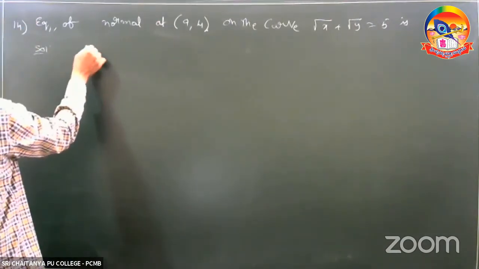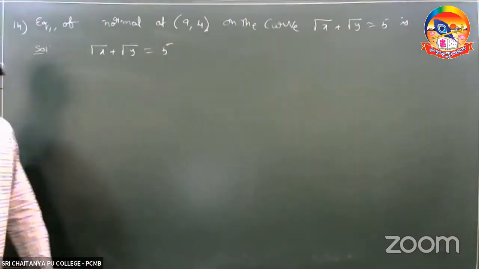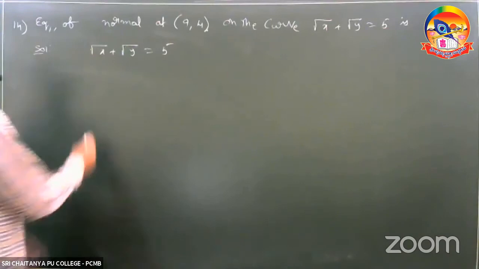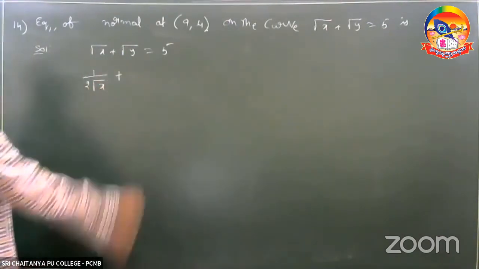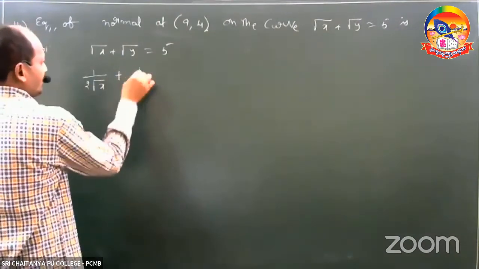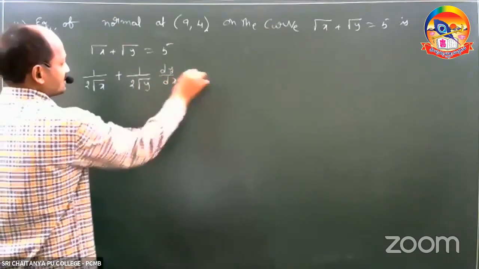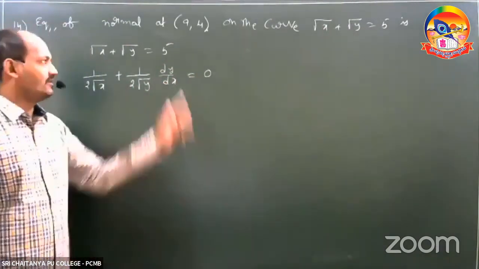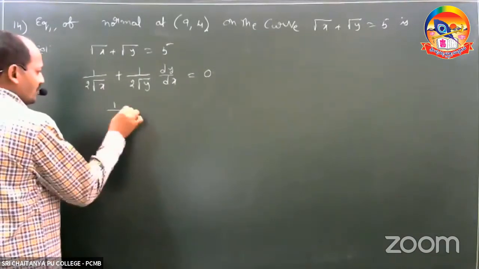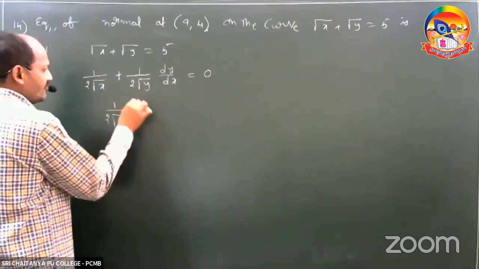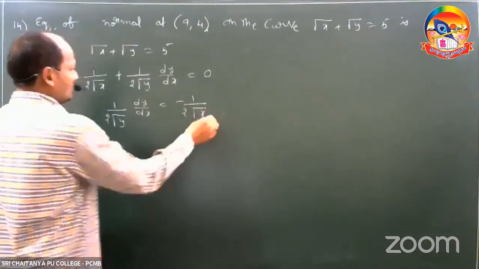First, given the curve root x plus root y is equal to 5. The derivative of root x is 1 by 2 root x, plus the derivative of root y, 1 by 2 root y into dy by dx, is equal to the derivative of the constant, which is 0. So 1 by 2 root y dy by dx is equal to minus 1 by 2 root x.